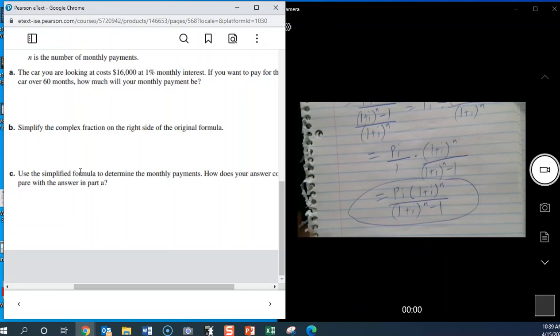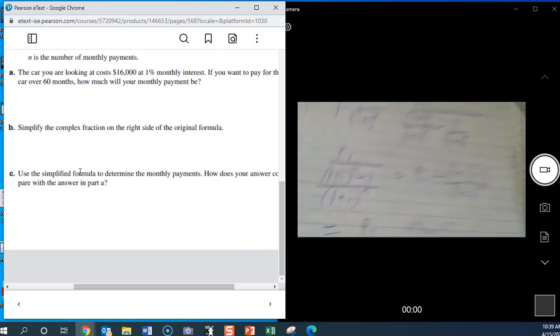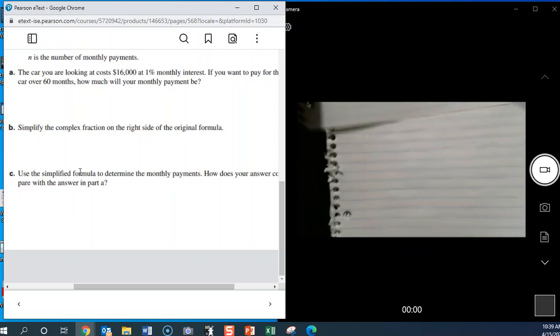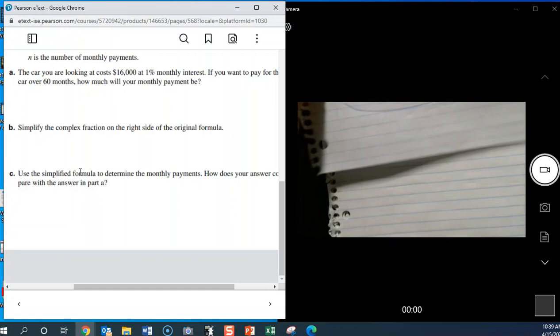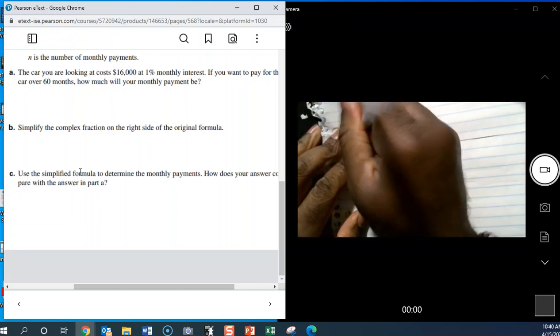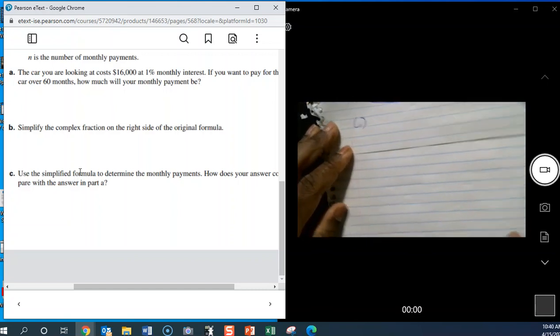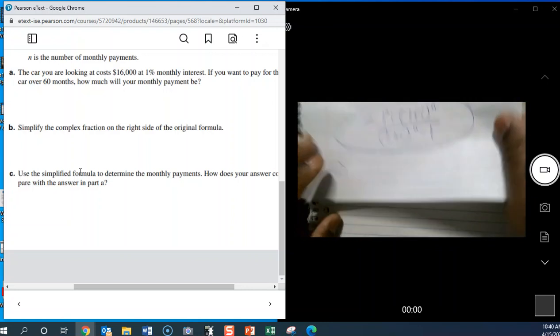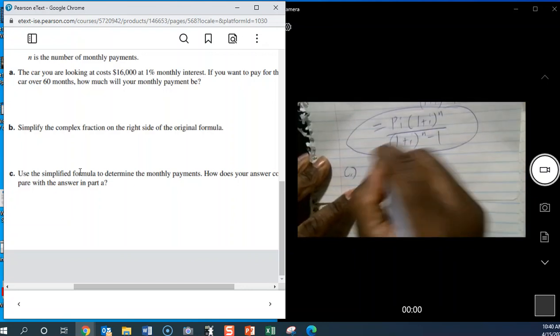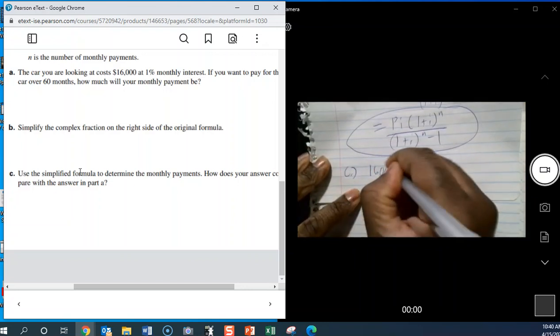Now, we got to go to C. We got to substitute and see if we get the same answer here. So matter of fact, I would start C here. Now P, we know is 16,000.